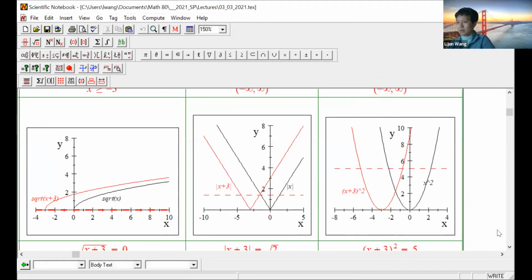All right, so this is much better, isn't it? Do you see that shifting? For x minus 2, it is shifted to the right. For x plus 3, it is shifted to the left. It's a little bit counterintuitive, okay? In the future, we will have a chance to know why and how.